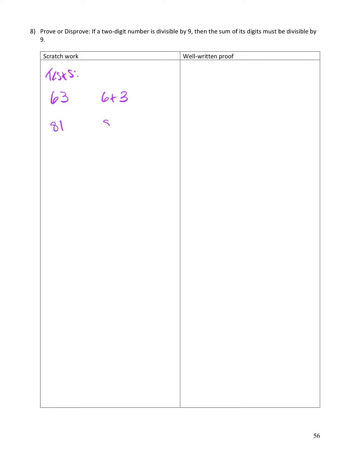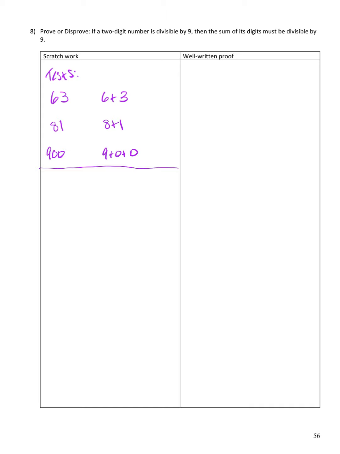The sum of its digits, divisible by 9. 900, that's divisible by 9. It's 9 times 100. And 9 plus 0 plus 0, divisible by 9. All right, so I'm convinced, based on my past knowledge and a few tests.